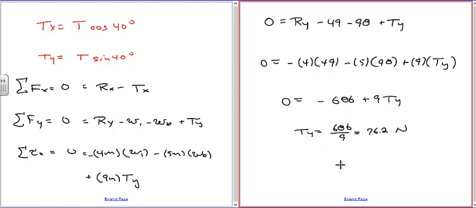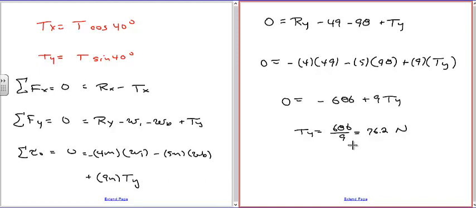Okay, so that's t sub y, and that's usually what happens: you can solve for t sub y through the sum of the torques. You can see how the sum of the torques is kind of the go-to first formula. It's the one that allows us to solve with judicious selection of the point of rotation directly.